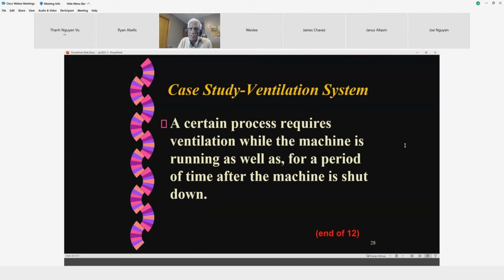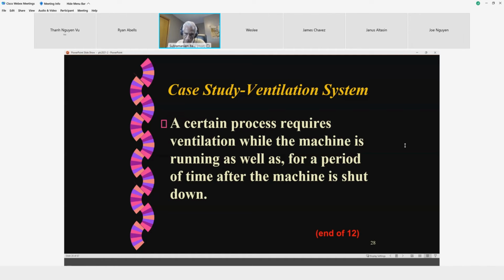Okay, so ventilation represents the fan. The machine, let's take in the case of a projector, the bulb. So a fan and a bulb will be the outputs. They have to be controlled.